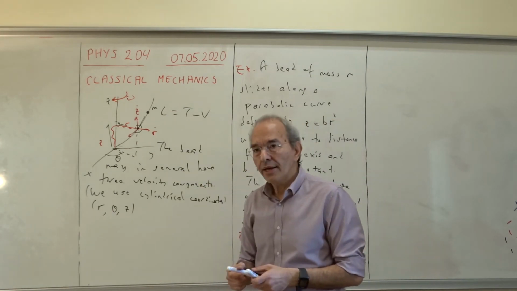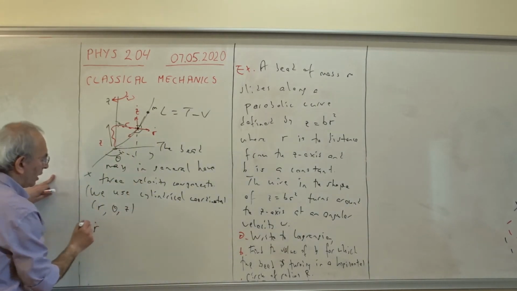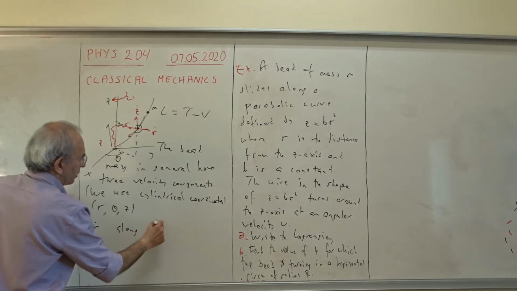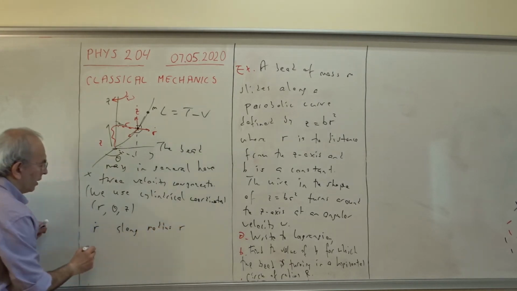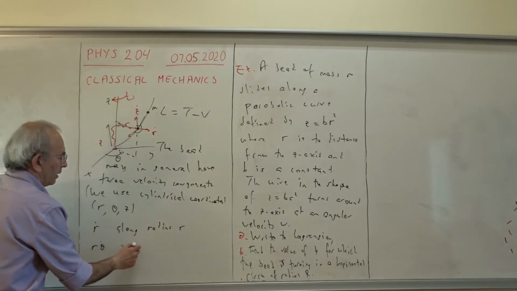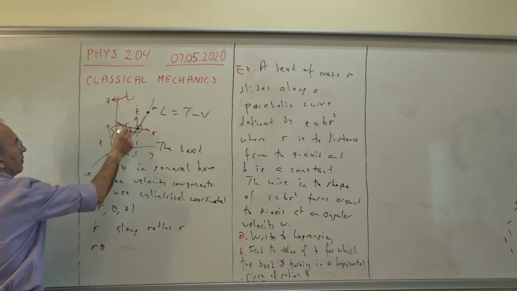What are they? The velocity components are r dot along the radius r, and r times theta dot, perpendicular to it.